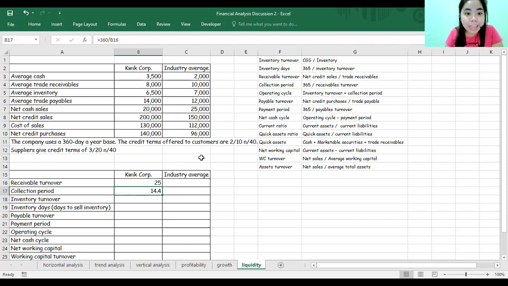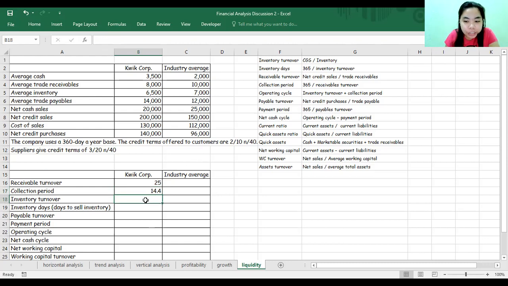That's what the collection period means: your credit sales are collected 14 times. I don't know how to simplify it, but you were able to collect 14 times on your credit sales. That is what the collection period means.